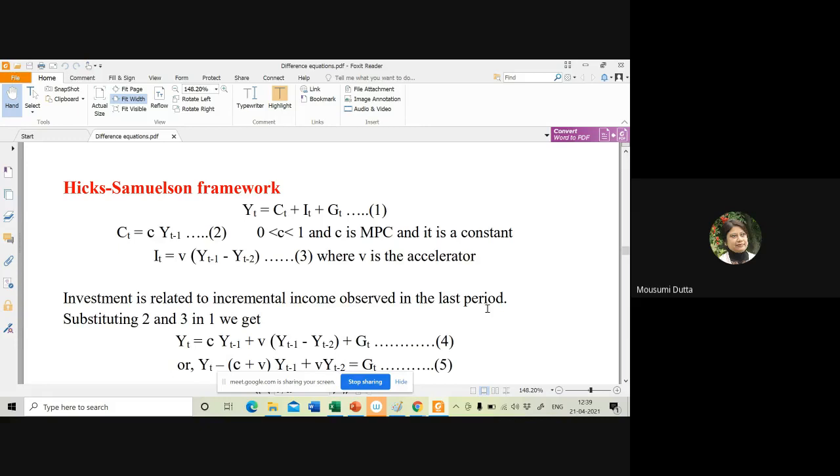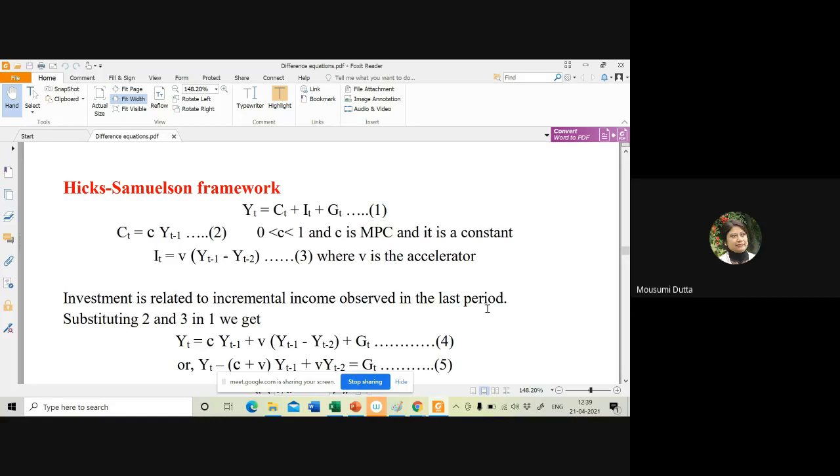The surplus income in 2020 is nothing but the difference in income of 2020 and 2019. So in the Hicks framework, whatever surplus income I have in 2020, I'll use for investment in 2021.